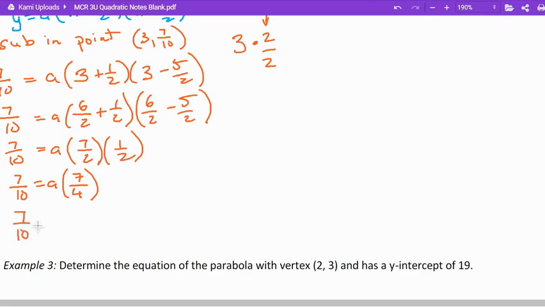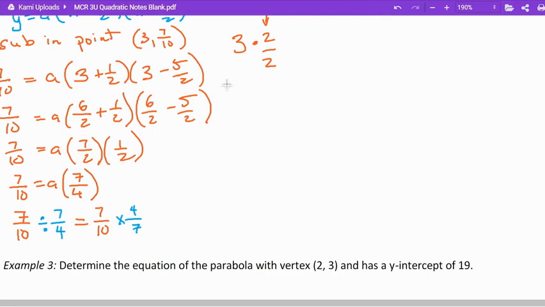Well, we practiced this, did we not? Divided by 7/4. Oh, wait a second. That's the same thing. Ooh, look at that. The 7s are going to cancel out. Isn't that wonderful?